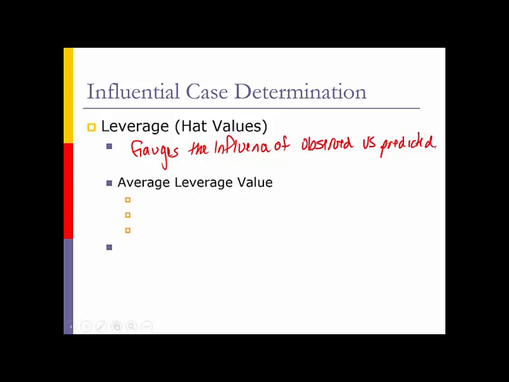In order to compare our leverage values, we have to calculate our average leverage value. For the average leverage value, we take k plus 1 and we divide it by n. K is the number of our predictors, and n is the number of data points.